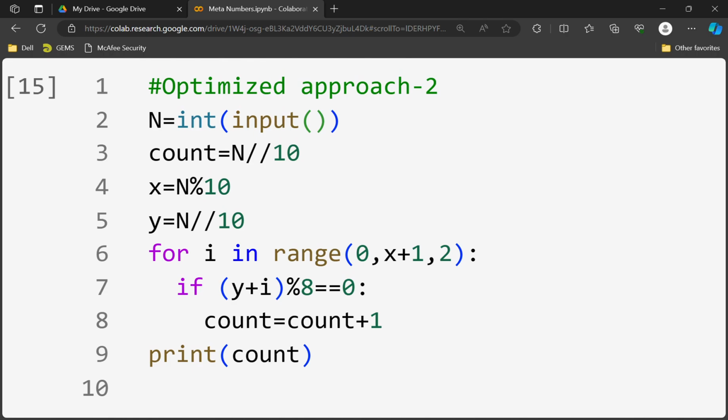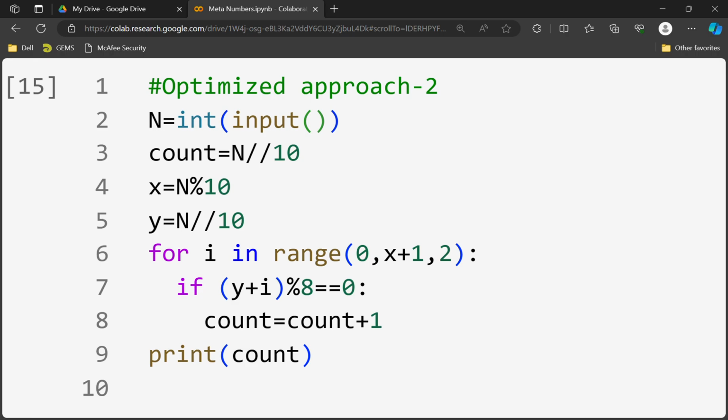So likewise, if n is given as 1000, how many numbers will be available in that range that are divisible by 8? Obviously 100. So for every 1 to 10 range, there will be one number available that will be divisible by 8. So based on that observation, I am setting count to n floor division 10.